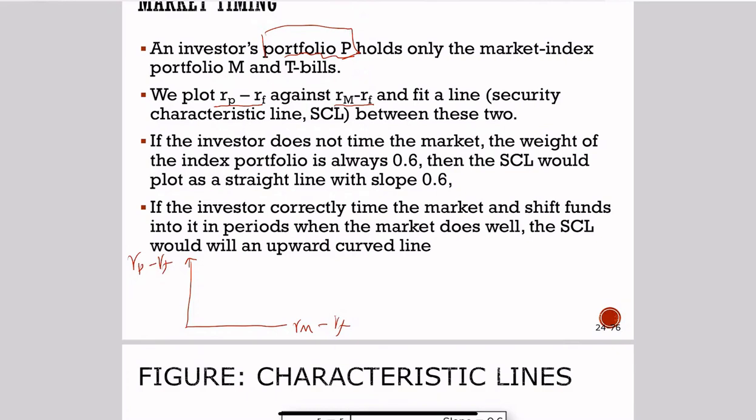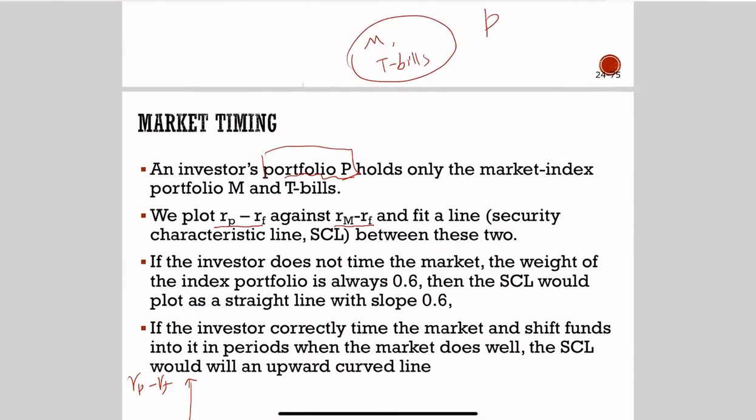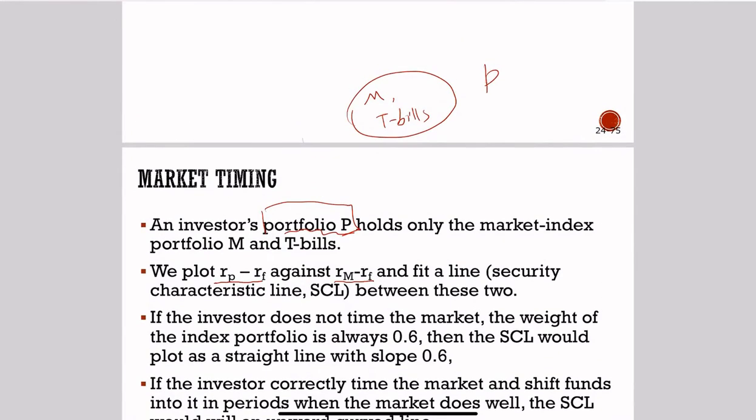Now think about this, right? If the manager does not time the market, then the manager will always invest the same amount of money into the market portfolio. Let's say the manager will put 0.6 or 60% of his money into the market portfolio and 40% into T-bills.